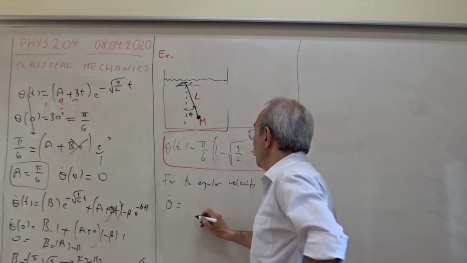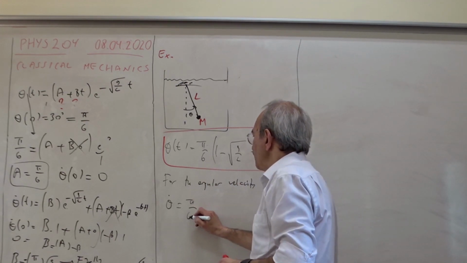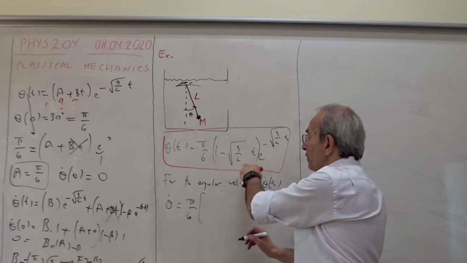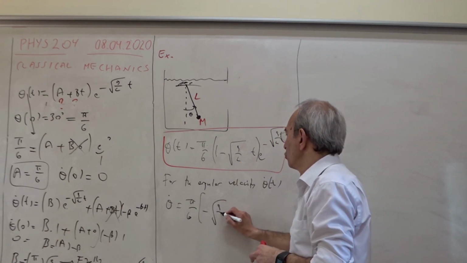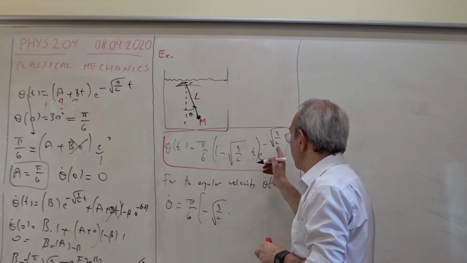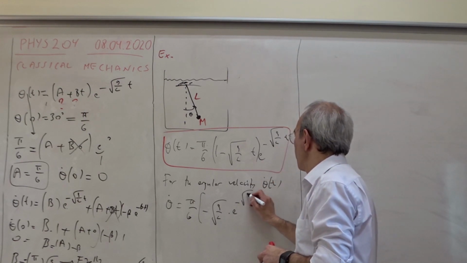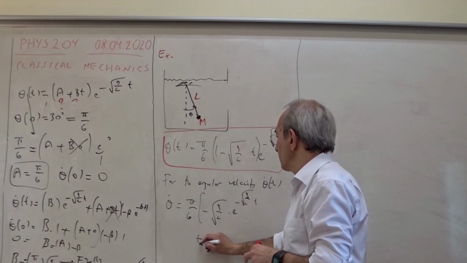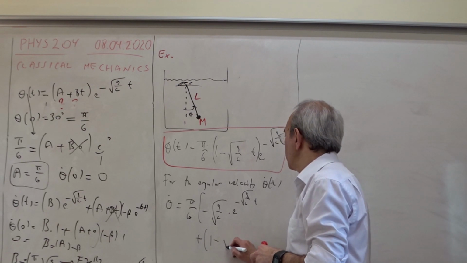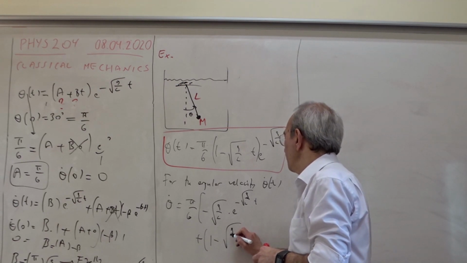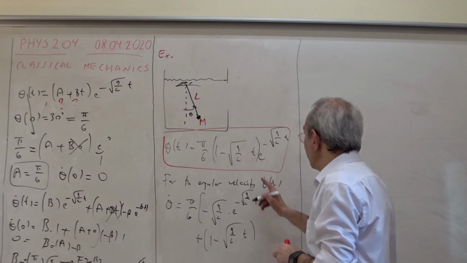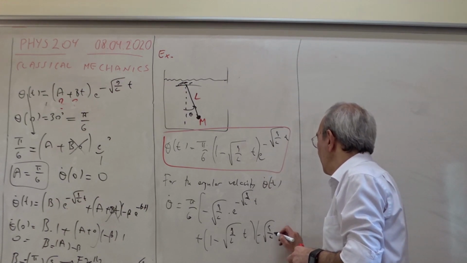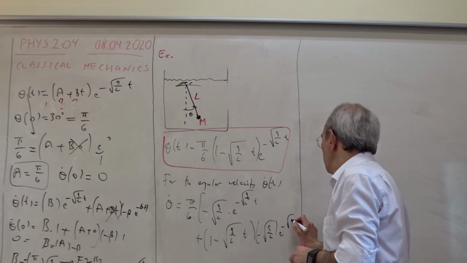Theta dot will be, first we have a pi over 6 coming from the first term, multiplied by the derivative of the inside, minus root g over L, multiplied by the second one, g over L and t, plus the first one, 1 minus whatever we see here, g over L times t, multiplied by the exponent minus g over L and also e to the minus g over L t.